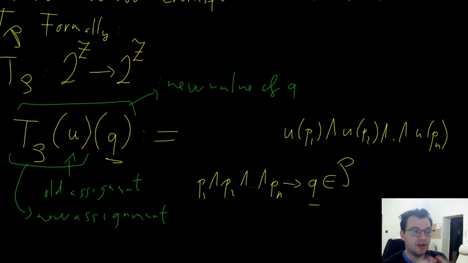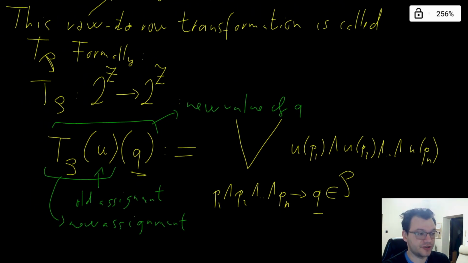So this is just the value of the clause's body, and if any of them gets evaluated to 1, then Q should be set to 1 as well, which is just a supremum or disjunction, if you prefer to call it that way. Because if there is anybody evaluated to 1, then this result will be 1, and if all of them are evaluated to 0, then this result will be 0. So that's just a supremum, that's just a disjunction. Okay, so TPU of Q should be a quite large disjunction.